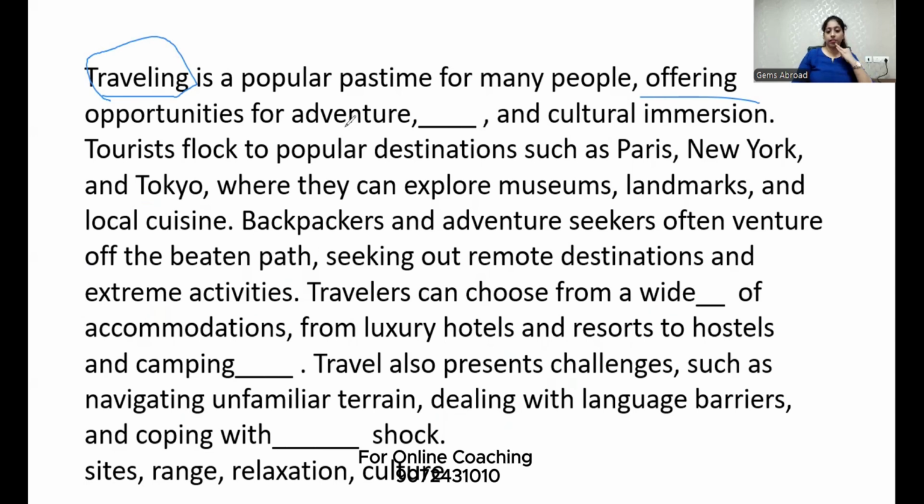Adventure and something else. For what? It has been considered as a pastime for many people, offering opportunities, dash, and cultural immersion. Adventure, science and cultural immersion, range or relaxation or culture. So what do you say?